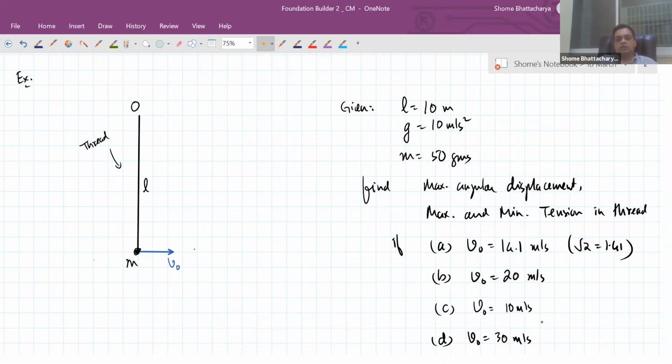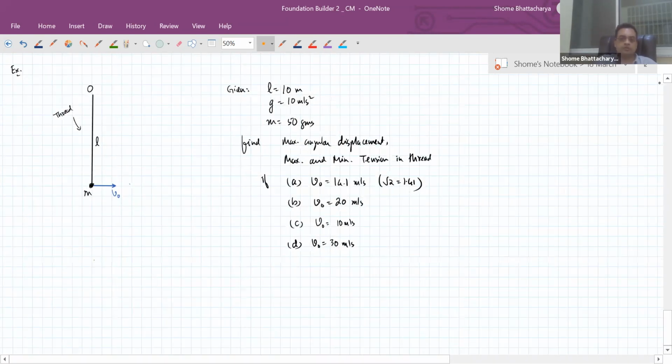Just compare the values with the four cases that we made above, and through that you should be able to understand what is happening in each case.